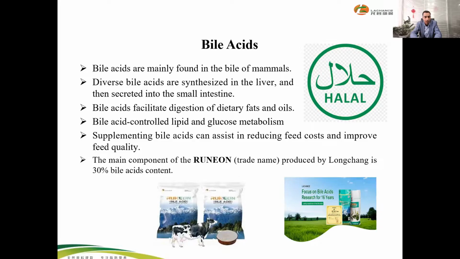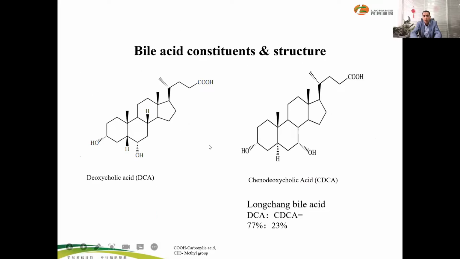The runin acid produced here has a bile concentration of 30%. Generally, there are three versions of bile acid, and the difference is based on the distribution of cholic acid, carboxylic and hydroxyl groups, and the methyl group.